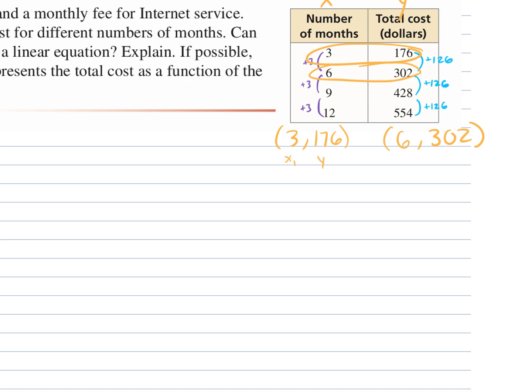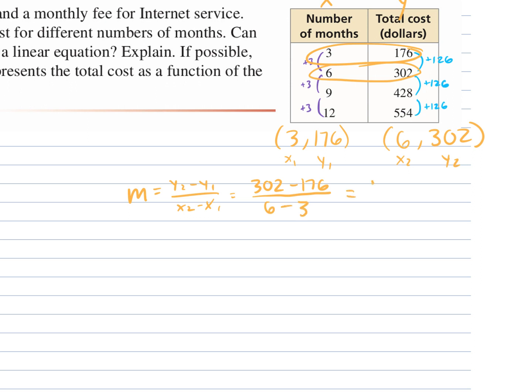So I have x1, y1, x2, y2. What do I need to do next? Find the slope. So my slope is y2 minus y1 over x2 minus x1. So 302 minus 176 over 6 minus 3.